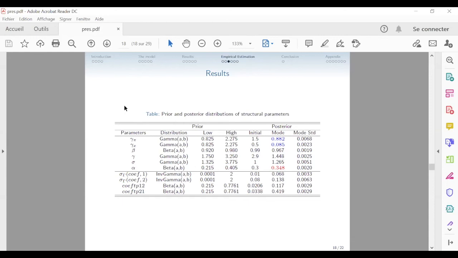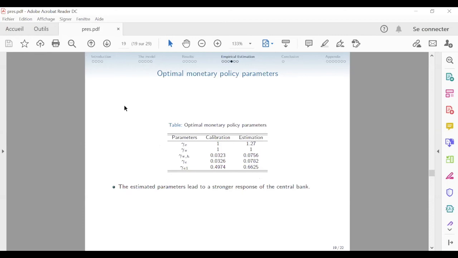Now we take these parameters and simulate again a demand and supply shock with our theoretical model, in order to see what would happen in South Africa after a shock if they had used the optimal monetary policy, because as I said before, it's the one which stabilizes the economy the most. Here are the differences between the parameters in the reaction function of the optimal monetary policy, between what we calibrated and what we estimated.